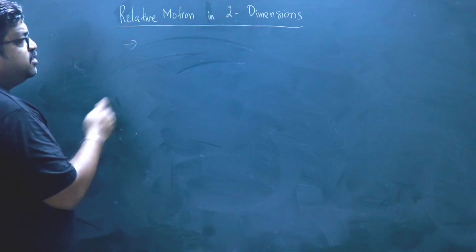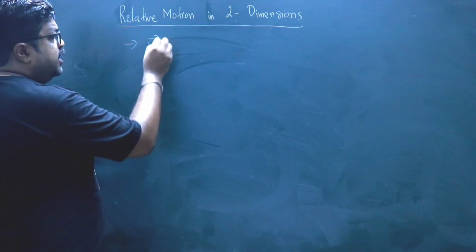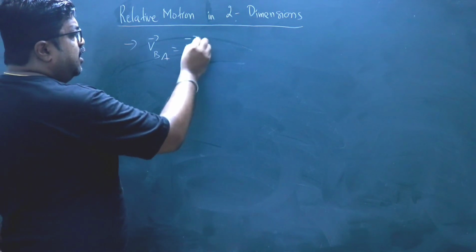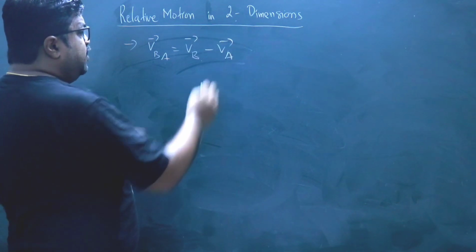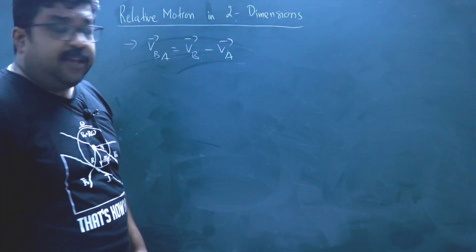We have relative velocity of B with respect to A as VB minus VA.